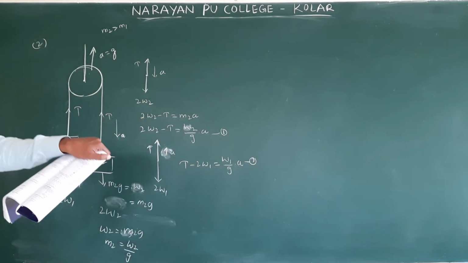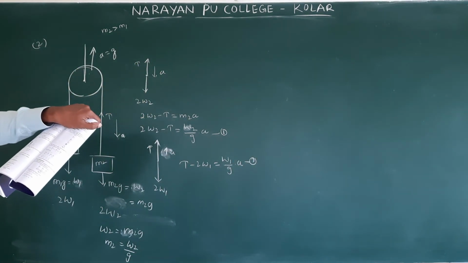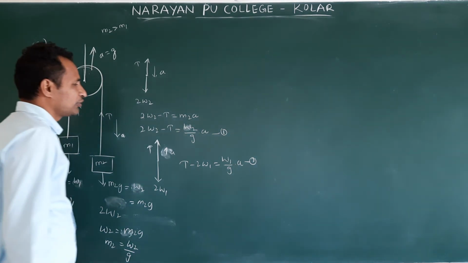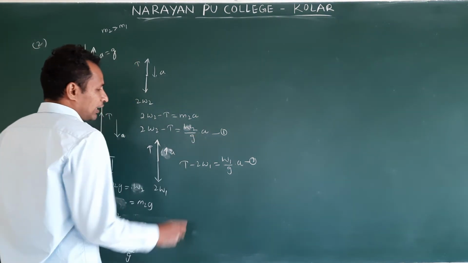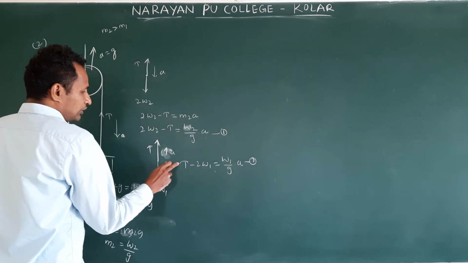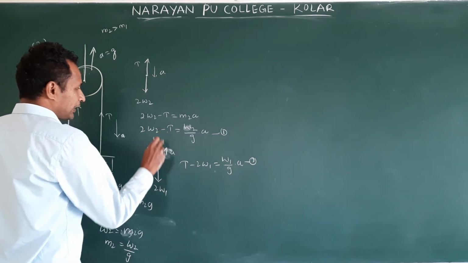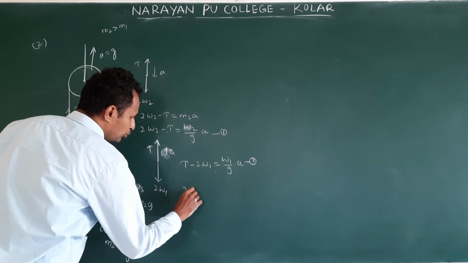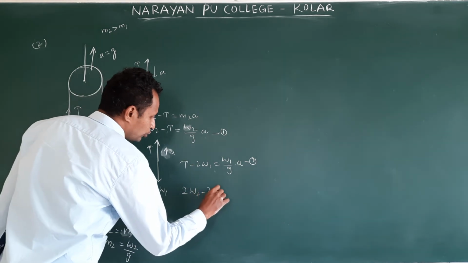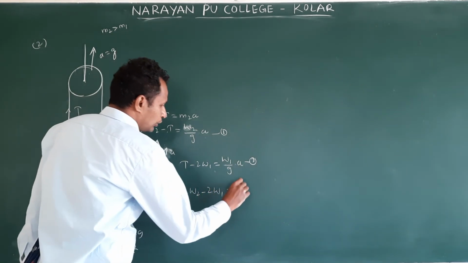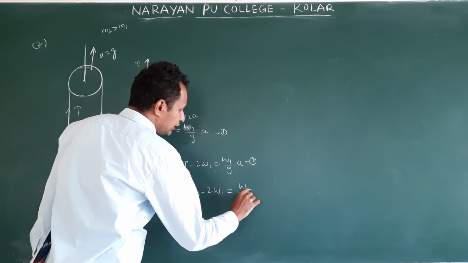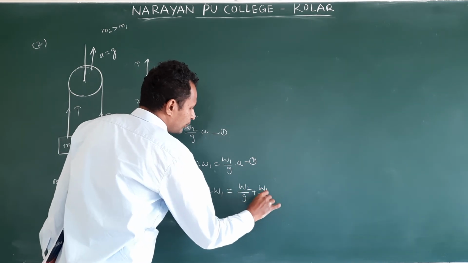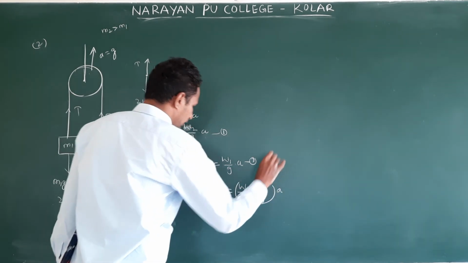What did they ask? They are asking for the tension in the string. To find it, we need to find a first. Add equations 1 and 2. This is plus T, this is minus T, so they cancel. We can write 2W2 minus 2W1 is equal to W2 by g plus W1 by g, into a.